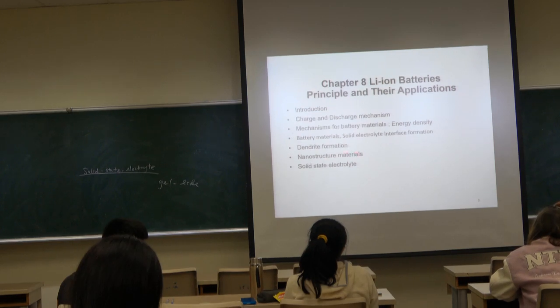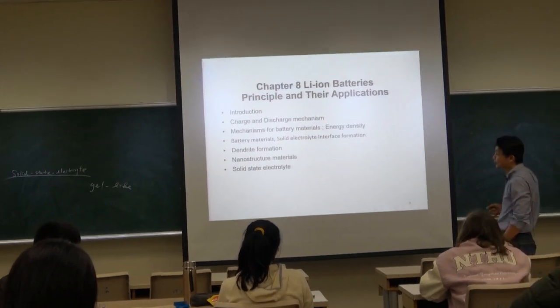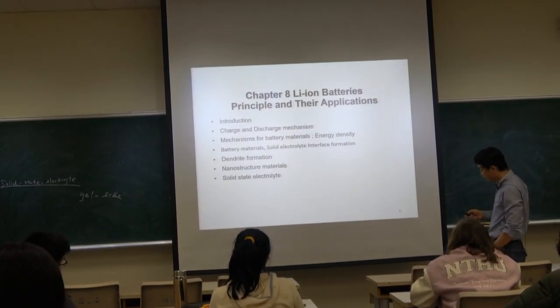And also nanostructured materials: we can use nanostructured materials on the anode side and the cathode side, which can increase the charge and discharge performance. So we are including this topic in this chapter.